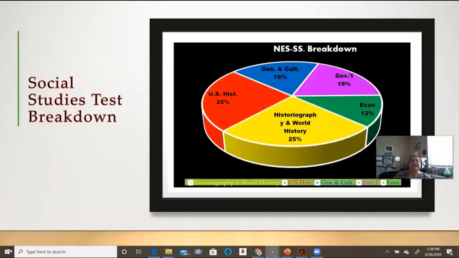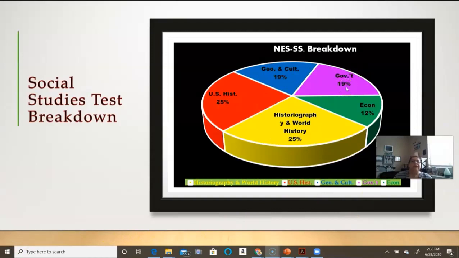So this is the NES Social Studies breakdown of how the questions are organized. The big portion of your questions here are U.S. history, and then the historiography or the world history. So that's about 25% for each of those sections. Geography and culture is 19% of the questions.